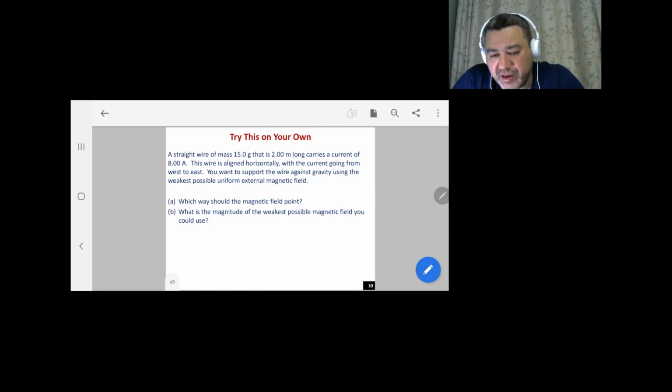If you discretize this wire into equal segments, those equal segments are going to face the same force. So the accumulative force would be the force that we have calculated.